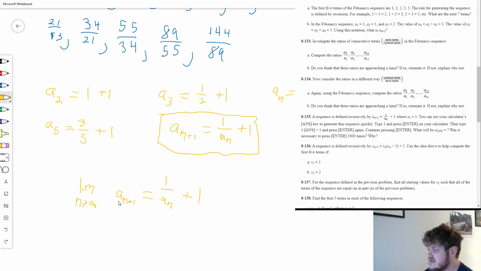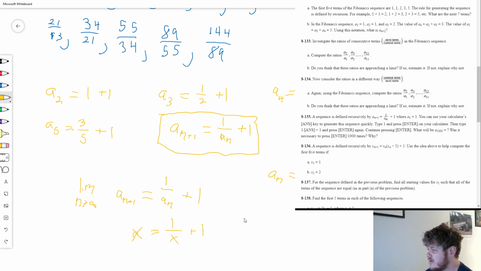If we take the limit as n approaches infinity, infinity plus 1 doesn't really mean all that much. So if we take the full limit, we'll do a little substitution, A sub n equals x. We end up with something that approaches x equals 1 over x plus 1.